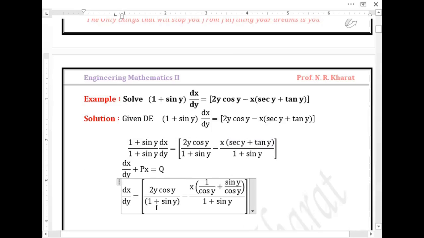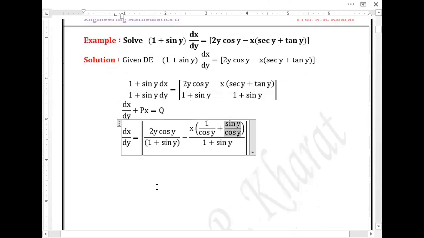After making the conversion, dx/dy is equal to 2y cos y over 1 + sin y, this term remains as it is. Then minus x, we know that sec y is 1 upon cos y, and tan y is sin y upon cos y. So the numerator becomes 1 + sin y.